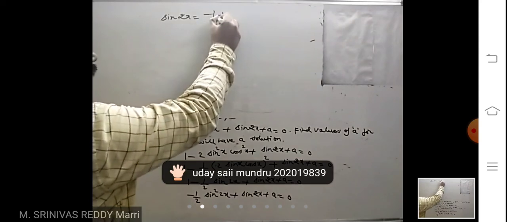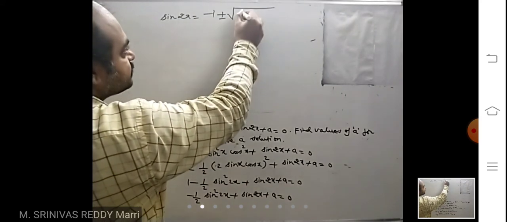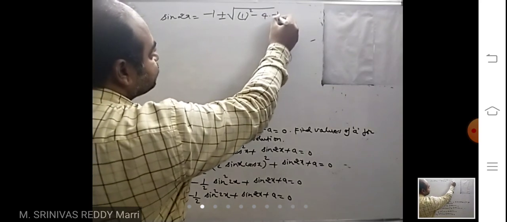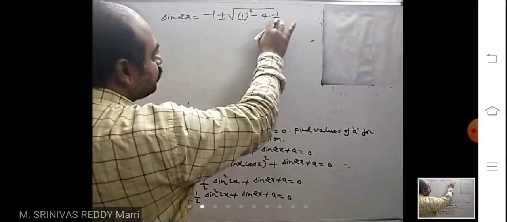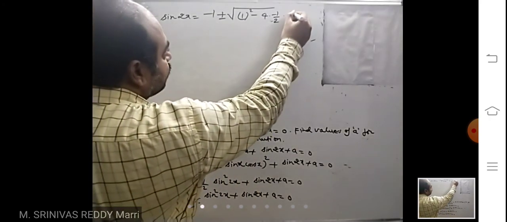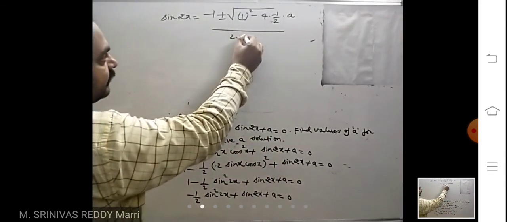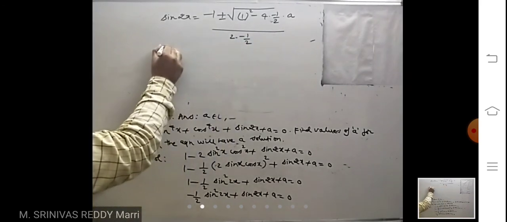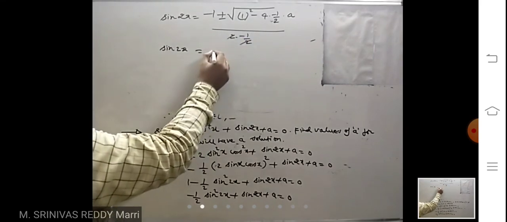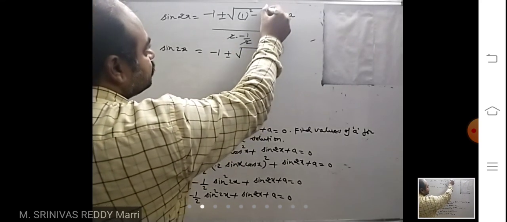That means 1 square minus 4 into minus 1 by 2 into a, divided by 2 into minus 1 by 2. So you will get the value.